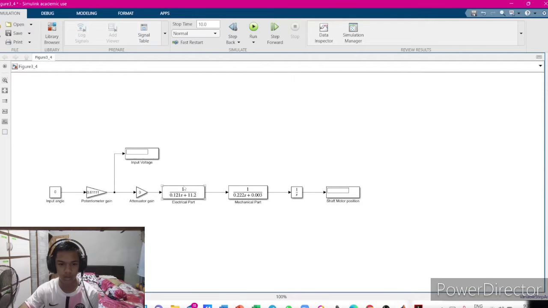This is the electrical part of the block diagram. The mechanical part includes the shaft motor position, input voltage, input angle, potentiometer gain, and attenuator gain.